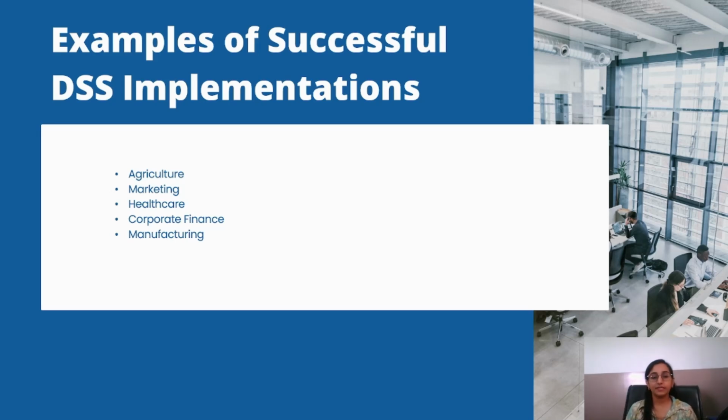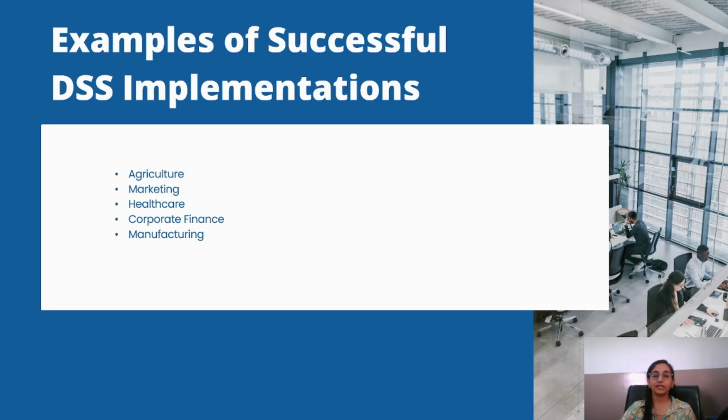These examples illustrate the broad applicability and success of DSS across different sectors, whether optimizing agricultural outputs, enhancing marketing strategies, improving healthcare delivery, forecasting financial outcomes, or streamlining manufacturing processes.